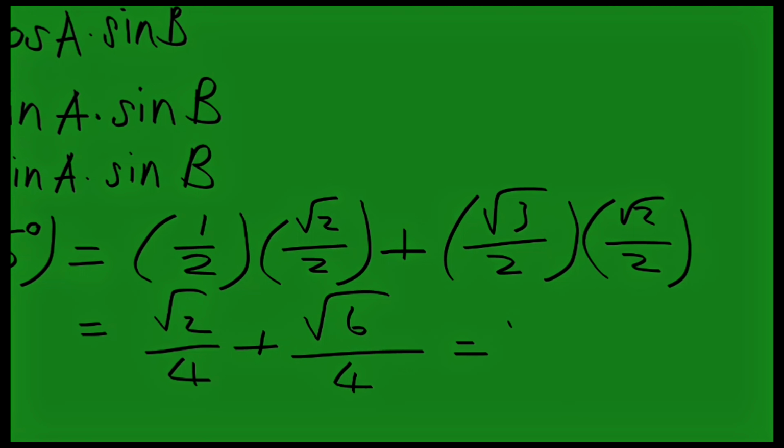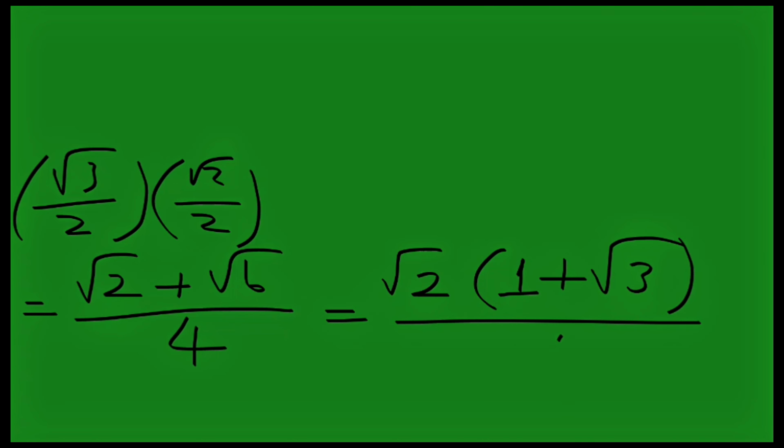Square root of 2 plus square root of 6 divided by 4. And from here, we can take out a common factor of square root of 2, which is going to be 1 plus square root of 3 divided by 4. That right there is the answer of sine 75.